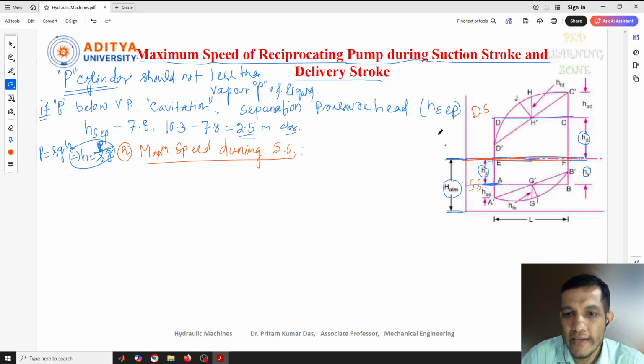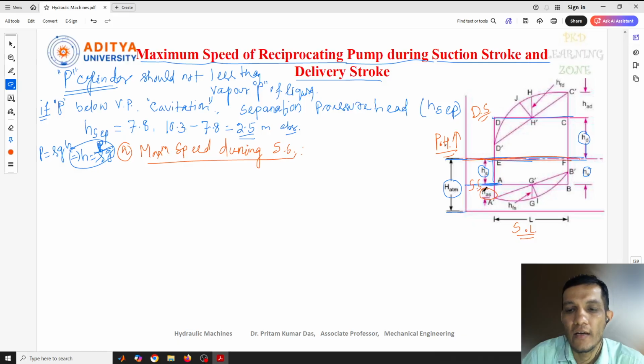At the y-axis we have the pressure head value, and at the x-axis we have the stroke length. Stroke length is how the piston moves inside the cylinder from one side to the other, and the crank angle, how the crank is moving, we can get there also. This is our suction head, this is the delivery head. Along with this is HAS.